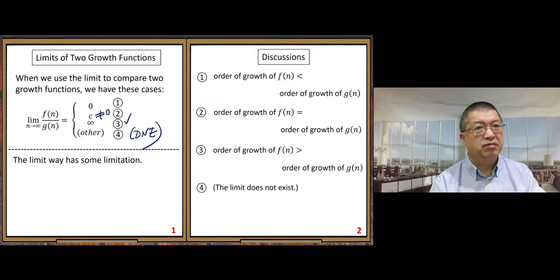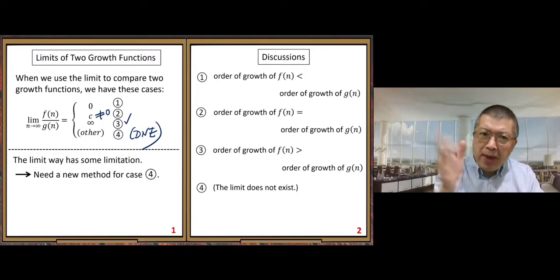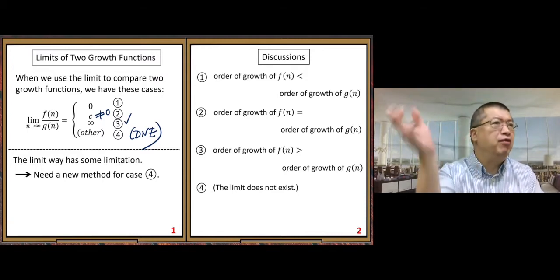So what's that? We need to worry about case number 4. How do we study case number 4? We need a new method, a non-limit method for case number 4.